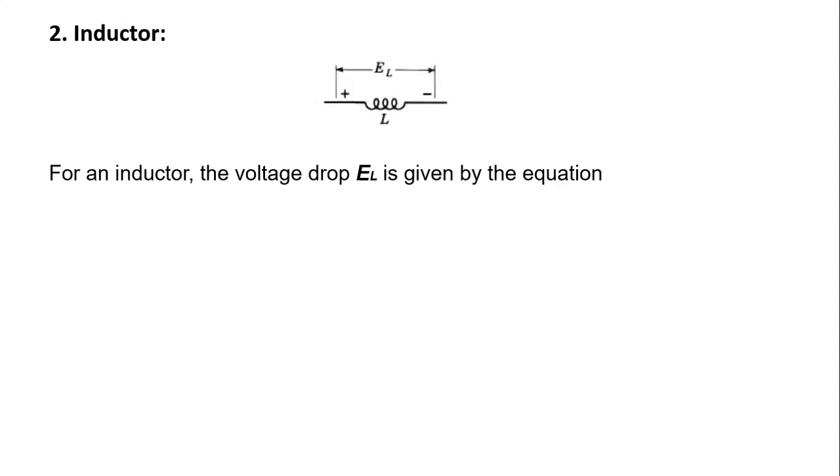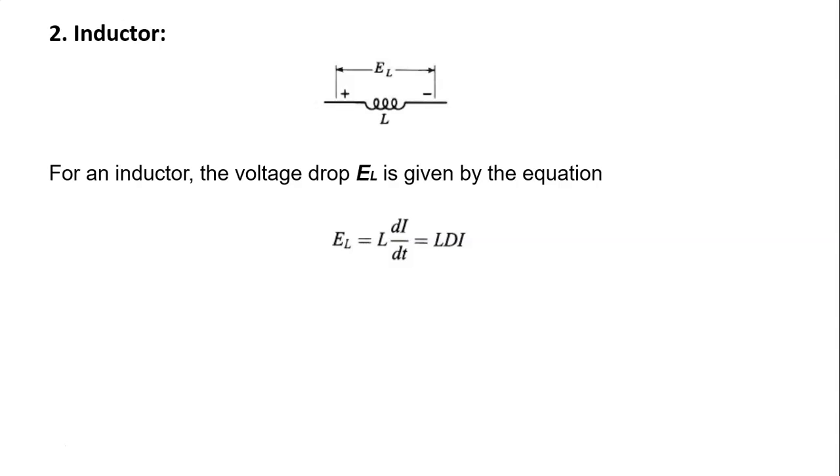Now the next element, the inductor. The inductor is represented by the letter L, and EL is the voltage drop across the inductor. The voltage drop EL is given by EL is equal to L into di by dt.